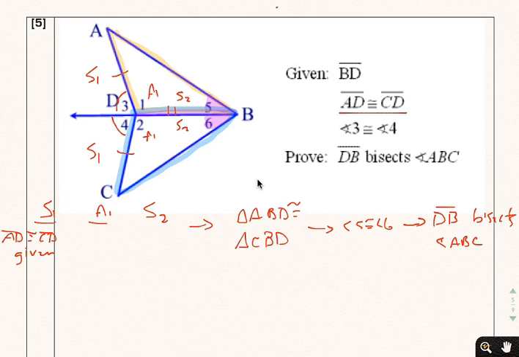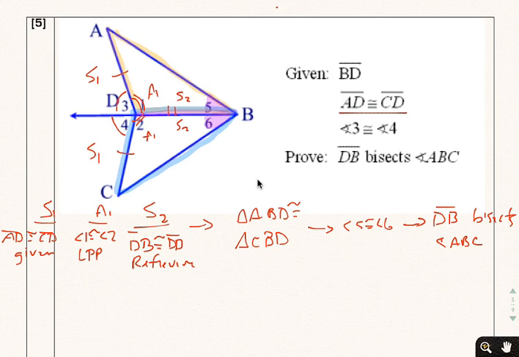The angles are going to be trickier, and I'm looking at the angles because they actually told us 3 and 4 are congruent, but we need 1 and 2 to be congruent, which, if you look at the structure of BD, it being a ray, that forms a line with angle 1 and 3, which means I can probably get angle 1 to be congruent to angle 2 using some form of linear pair postulate. Remember, this is a rough draft. There's probably going to be some more substeps to that, but that's going to be generally how I'm going to prove it. And S2, well, that's going to be reflexive. So if I have DB congruent to DB, that's going to be reflexive.